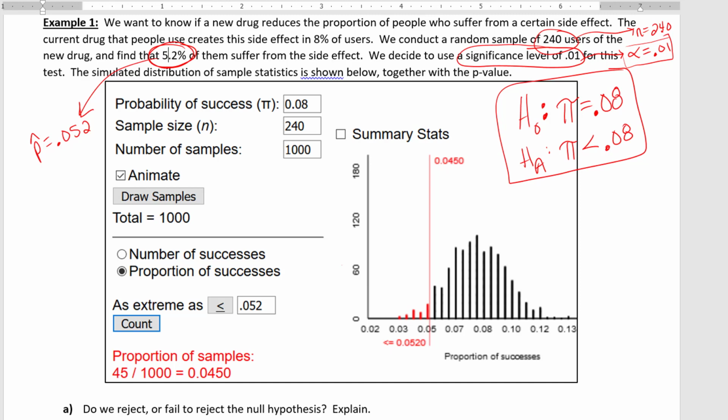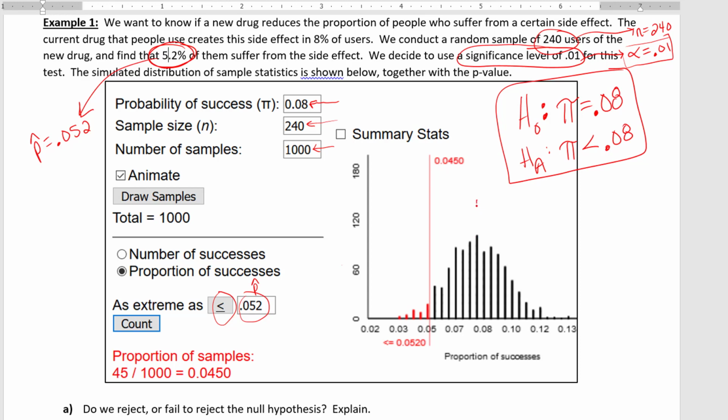All right, the simulated distribution is shown below. So notice we put the value of the parameter from our null hypothesis here, 0.08. We have our sample size here, 240. We're going to do 1,000 simulations, so there's 1,000 dots shown here. We put our statistic p-hat here in the count area, and we use a less than because that's our alternative hypothesis symbol.